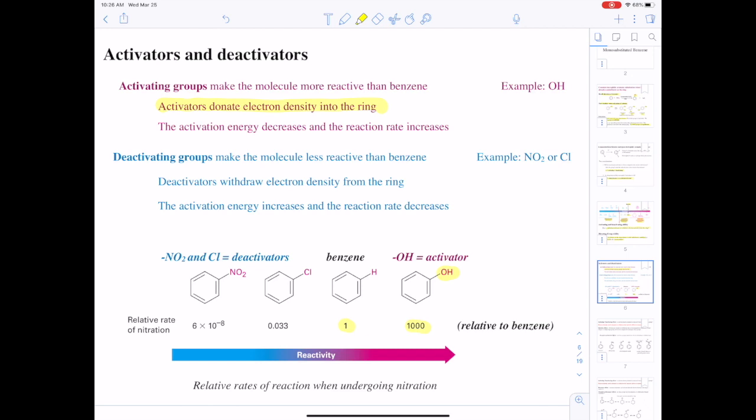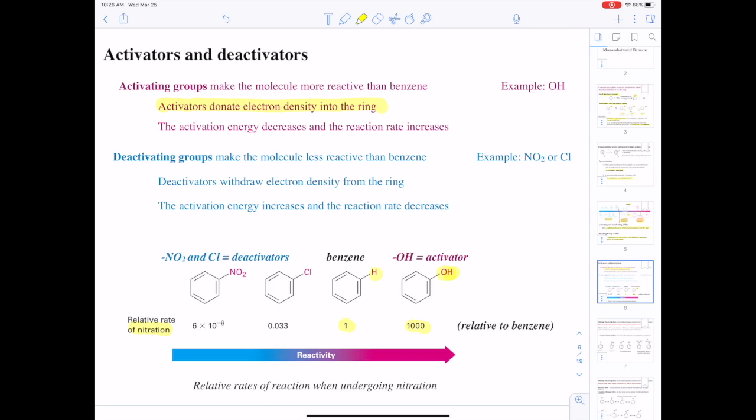These relative rates are for nitration, but we could make similar comparisons with other types of electrophilic aromatic substitution. We could do nitration, bromination, adding a bromine to the ring or a nitro group for nitration. But whatever type of electrophilic aromatic substitution we do, an OH will make the ring go faster compared to just hydrogen.